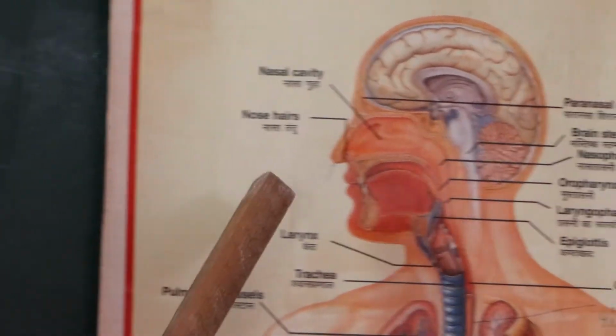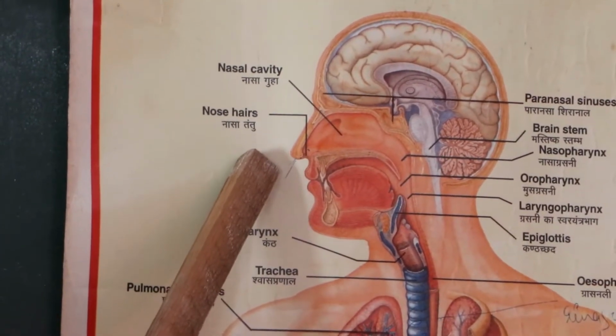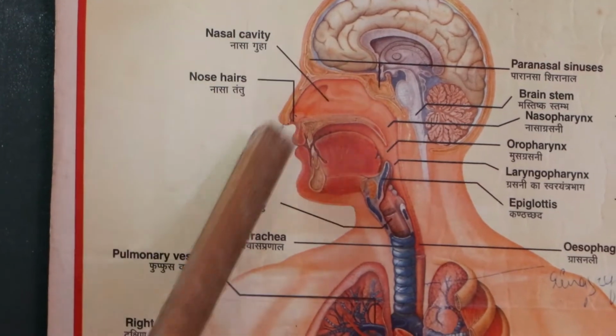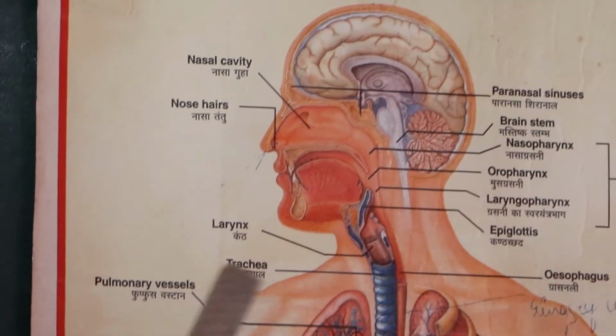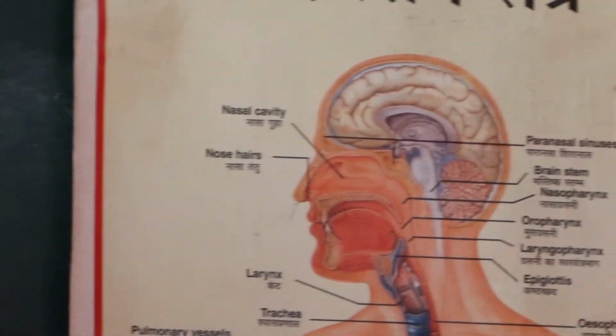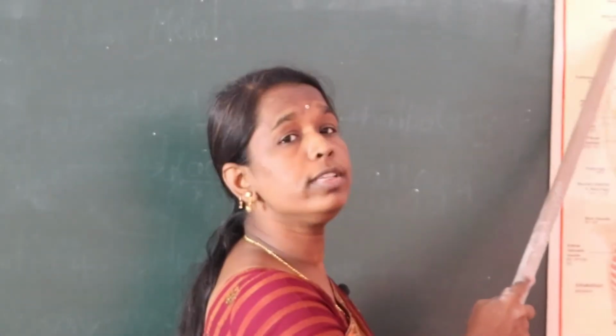Why are the nose hairs present inside the nostrils? Because we take in air, and the air contains some dust particles. The nose hairs filter the dust particles.